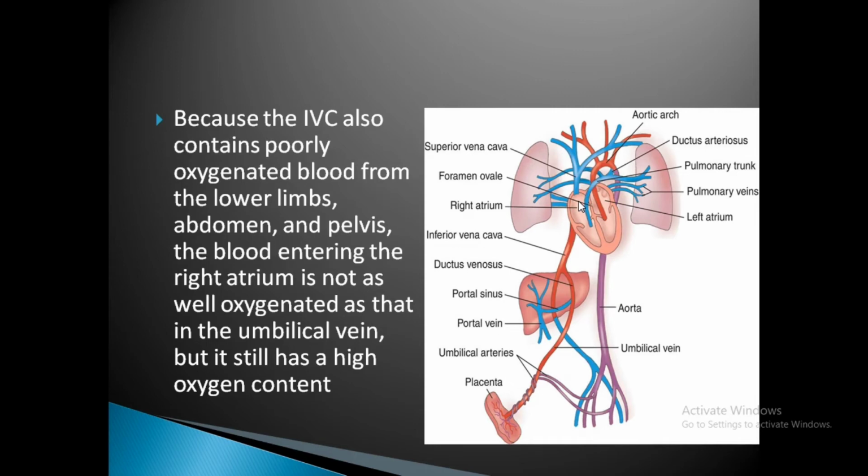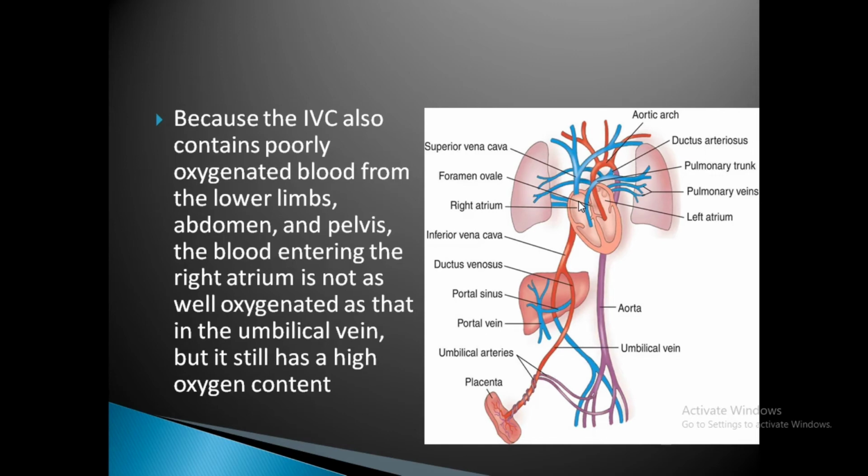But once the blood enters the inferior vena cava from the ductus venosus or from the hepatic veins, it gets mixed with the blood coming from different sources, that is, from the lower limb, abdomen, and pelvis, and the blood coming from there is poorly oxygenated. So when this blood gets mixed with the umbilical vein blood, it enters the right atrium. So the right atrium does not have a well oxygenated blood.